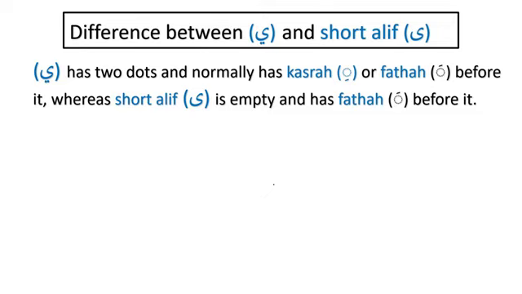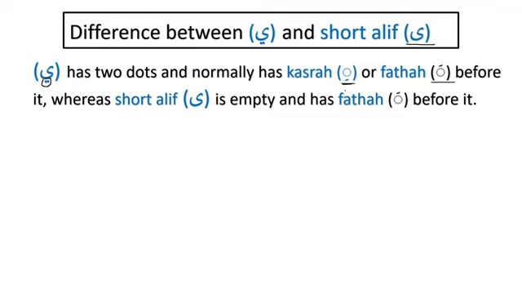Okay, first we saw the difference between Alif and Hamza. Now let's see the difference between Ya and short Alif. Short Alif, as we can see over here. So Ya has 2 dots, as we can see over here. It has 2 dots, and normally has Kasra before it, as we saw the signs Kasra or Fatha before it.